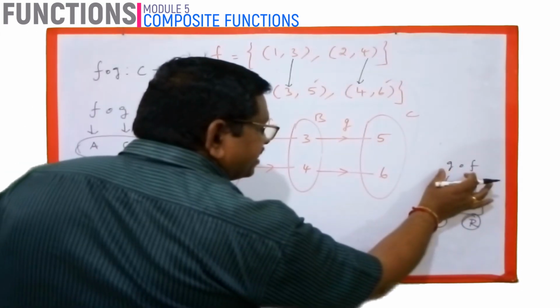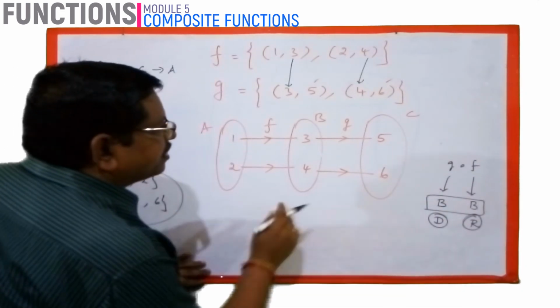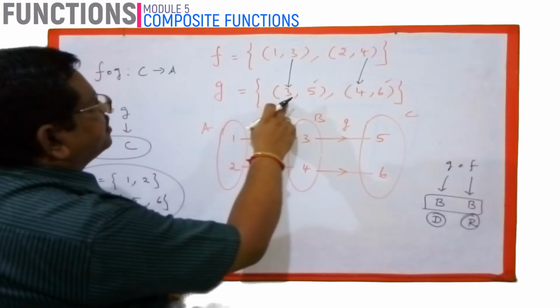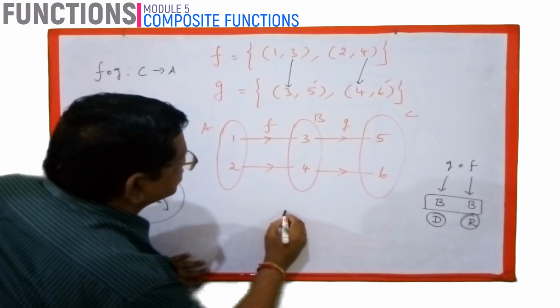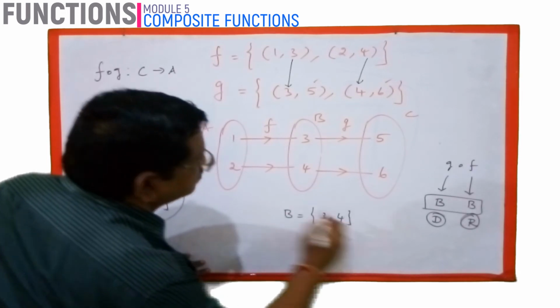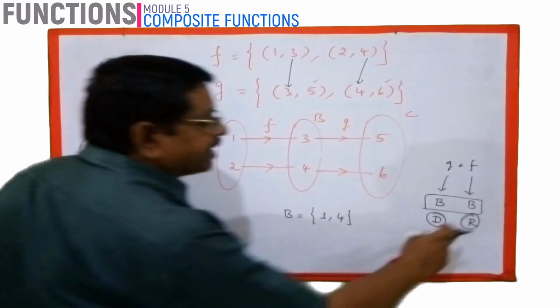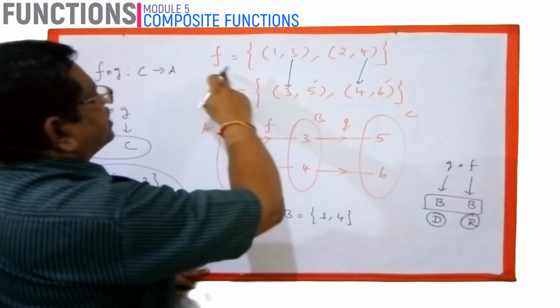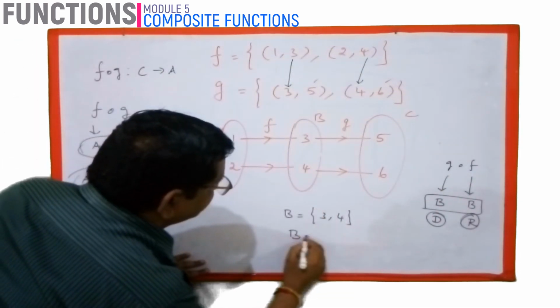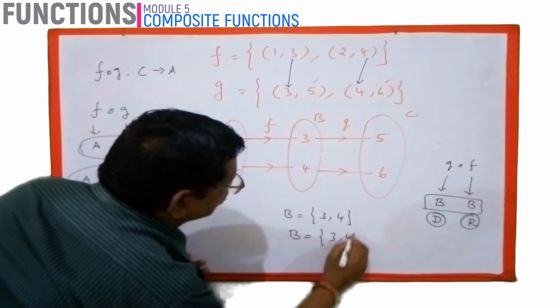Again, I am repeating here, for g composite f, what is the domain of g? The domain of g is set B, elements are 3, 4. Range of f? Check here. That is also set B only, equal to 3, 4.